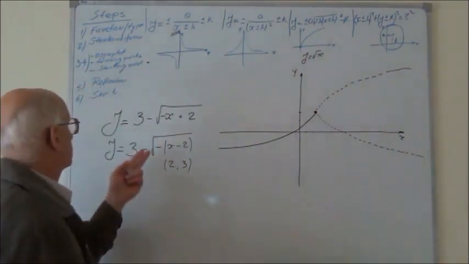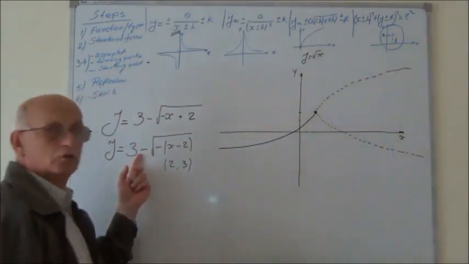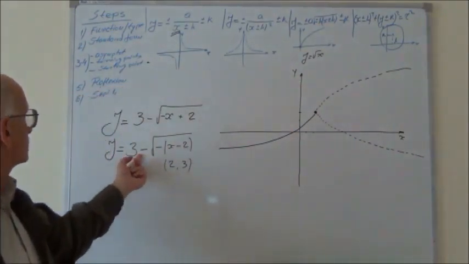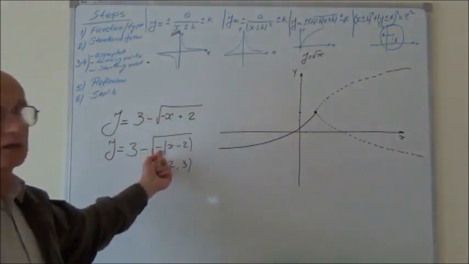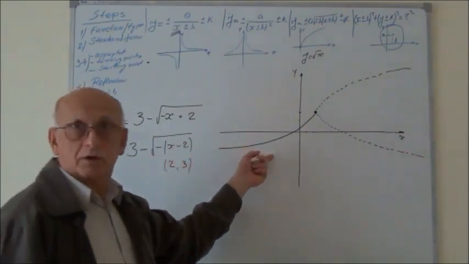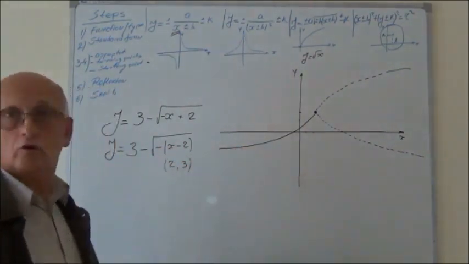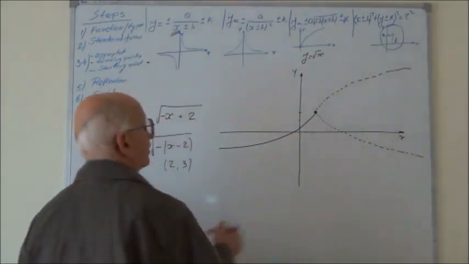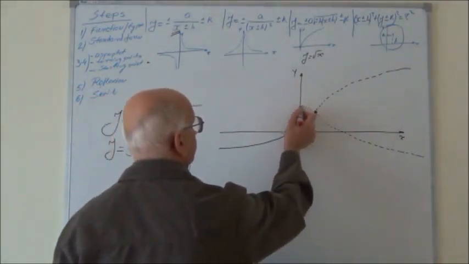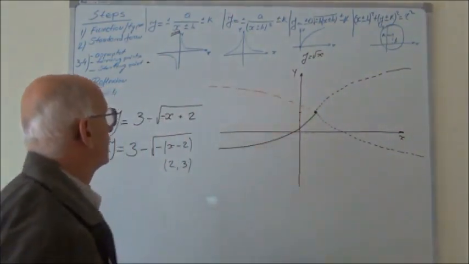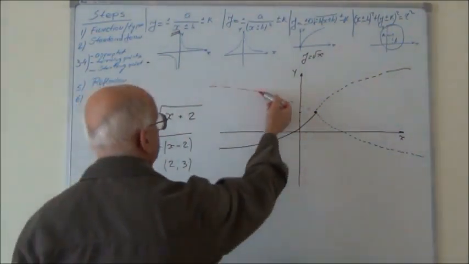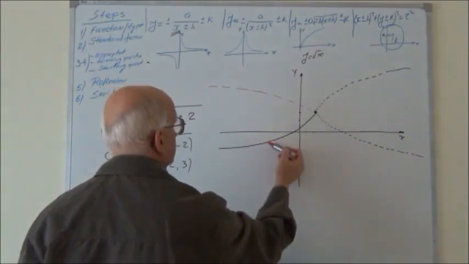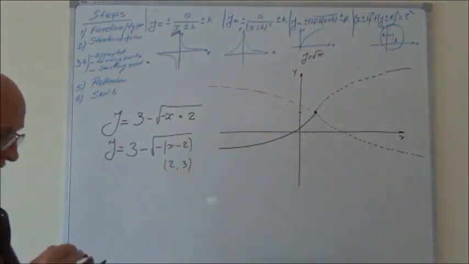Don't get confused. We chose first to work with reflection in the x-axis, and after that with reflection in the y-axis. We will get the same curve, of course, if we go the other way. Let's say if we reflect this graph first in the y-axis, and then reflect that graph in the x-axis, we are coming to the same curve.